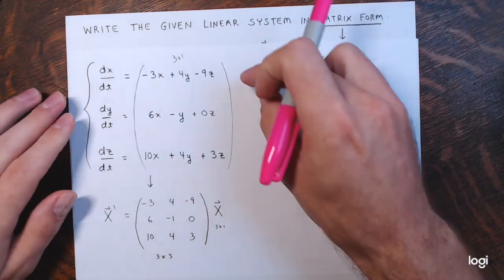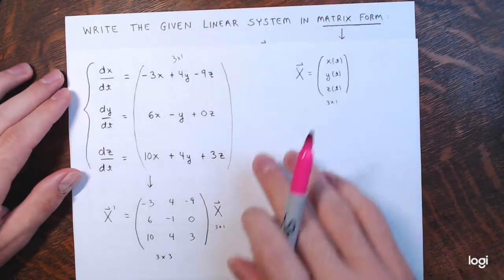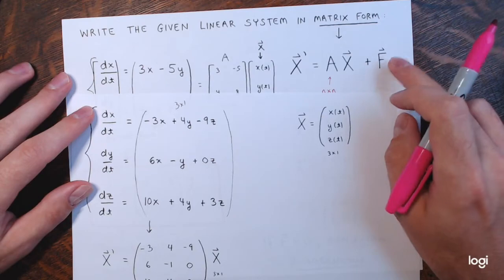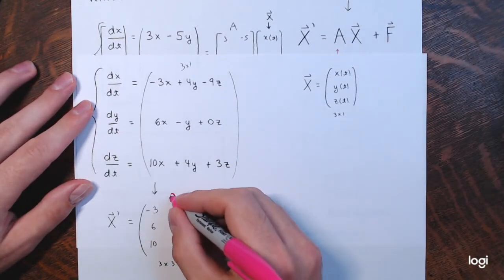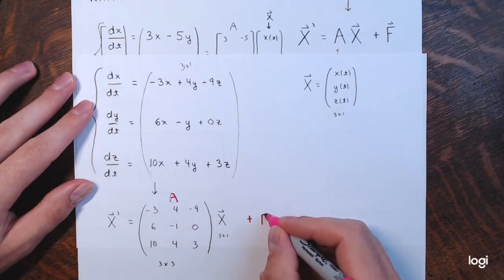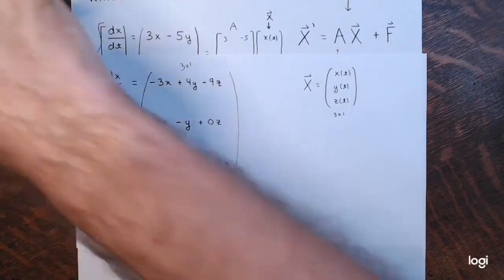And that's it. There are no extra functions of t to make up that vector f that I mentioned. So here's the A times x, plus f, where this f is yet again the 0 vector.